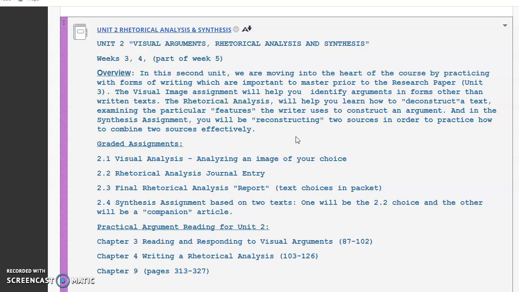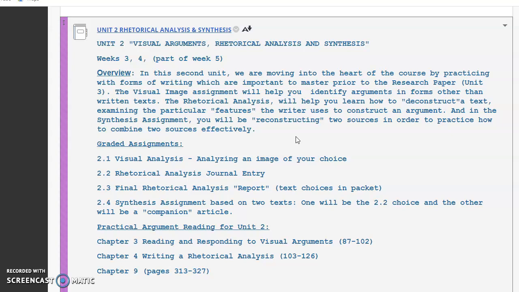So the visual image assignment is helpful in that it does guide you towards the idea that what we are dealing with in this class, generally speaking, is argument. When somebody is making a claim, and that might be a visual claim, as you have noticed by doing your cartoon analysis, and it might be a claim that has to do with something that's been written, a text.